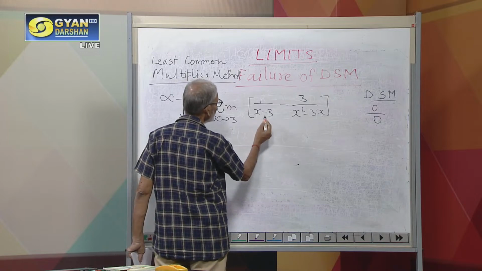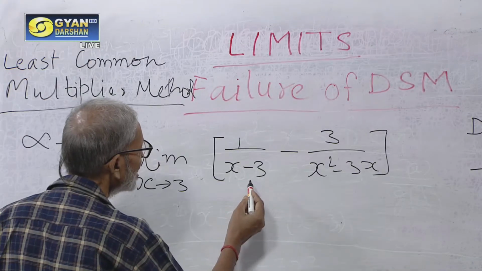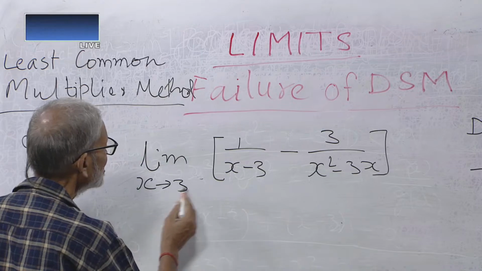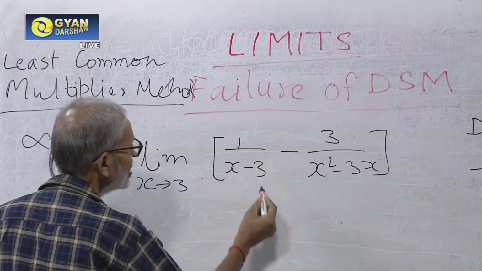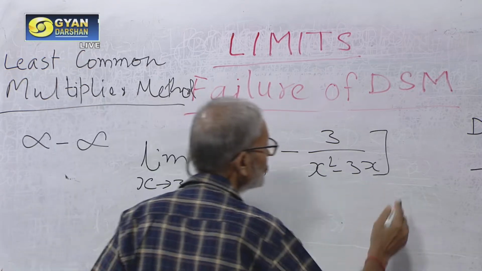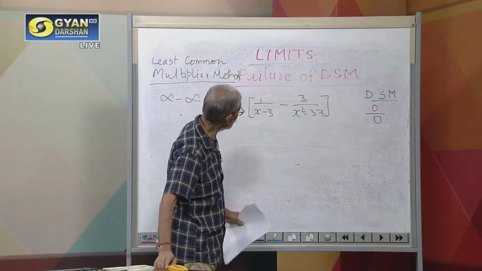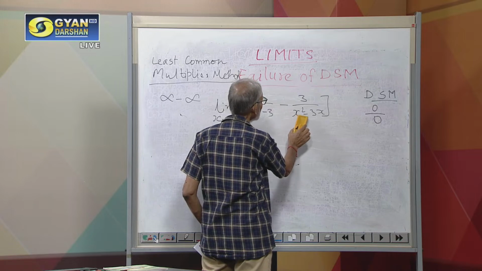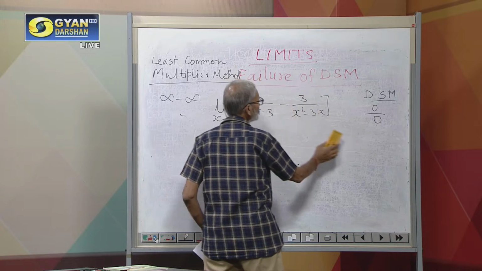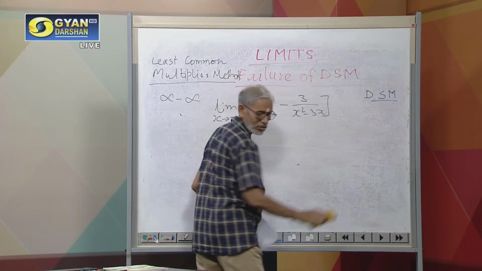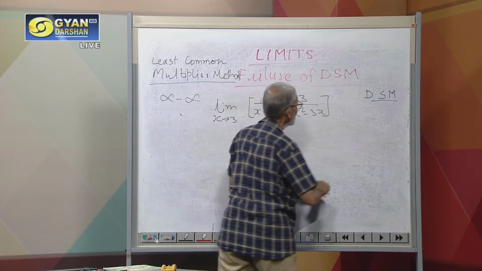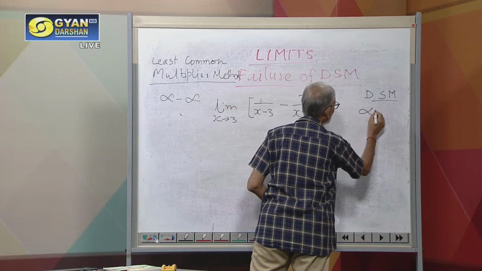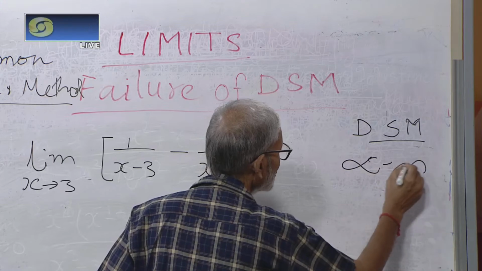If we put x is equal to 3, this will become infinity in the direct substitution method, and here also the denominator will be 0, so this will also become infinity. So, this is coming in the form of infinity minus infinity.